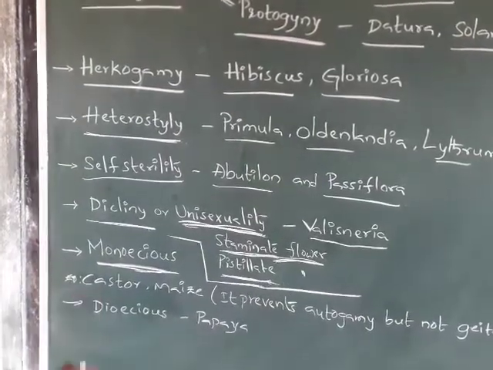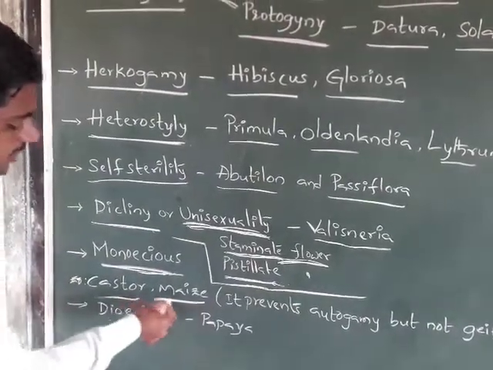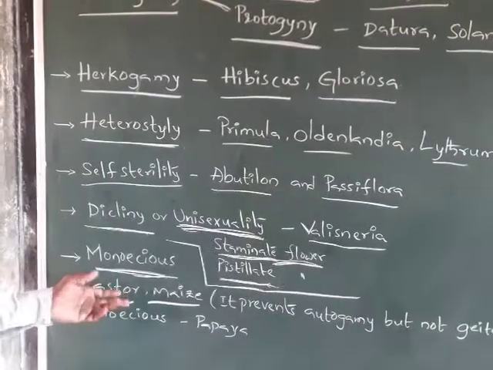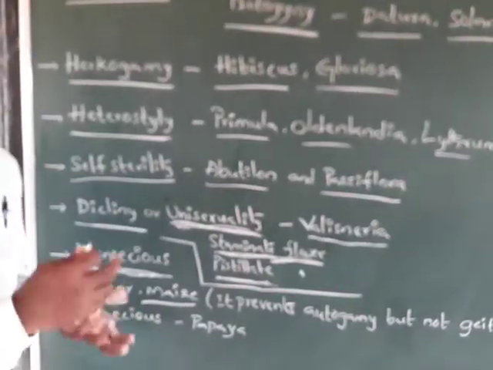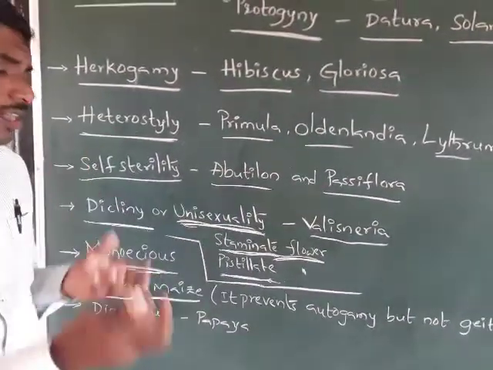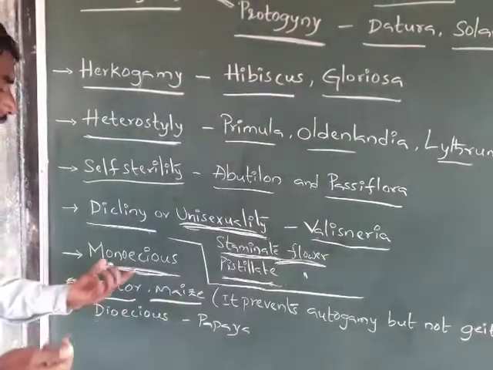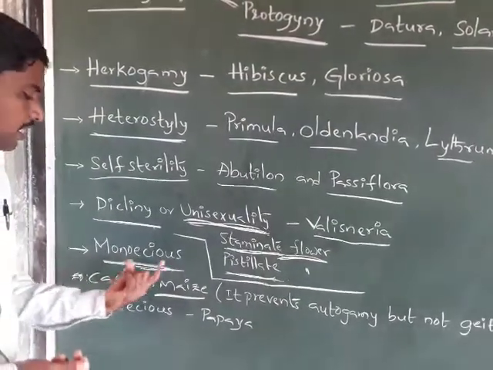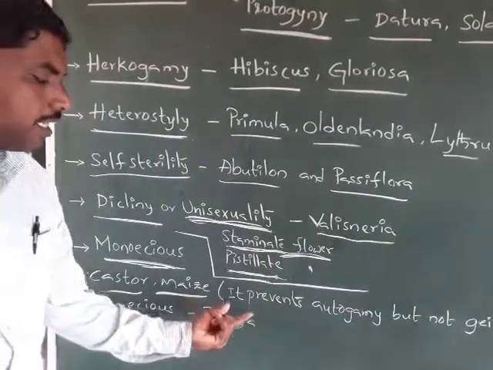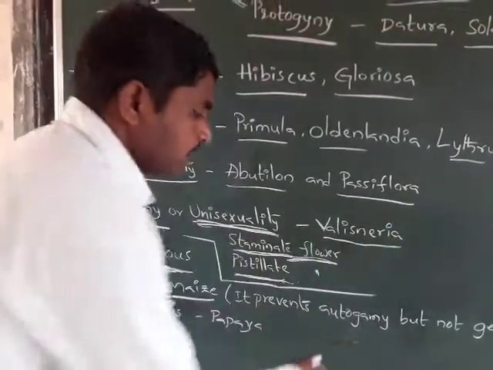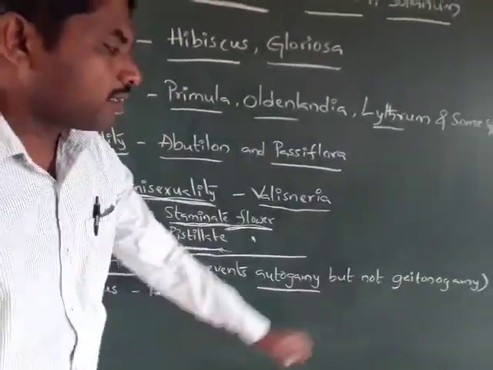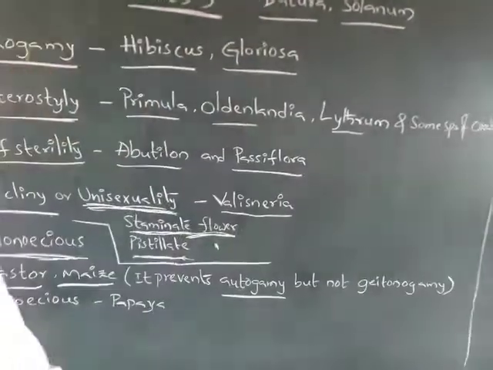Examples are castor and maize. These plants have male and female sex organs. It prevents autogamy, but not geitonogamy.